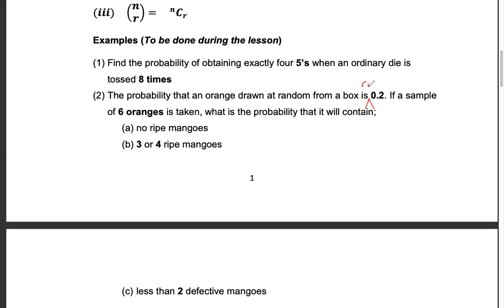There was a word here. Okay, so I'm now looking at: the probability that an orange is ripe is 0.2. I think that's why Mrs. Kasamba skipped it last time, because it wasn't clear. But that alone couldn't stop us from doing it.